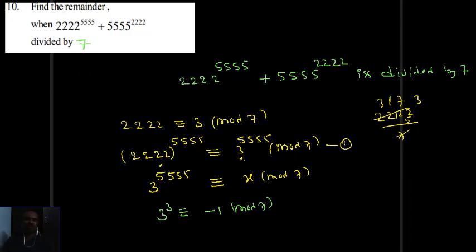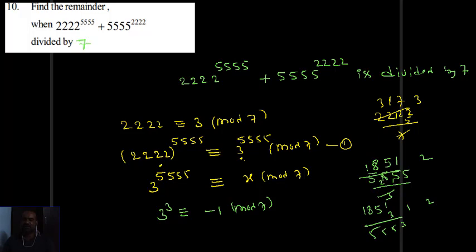Now I want to raise the power up to 5. So 5 divided by 3: 3 1s are 3, 2 remainder. 3 cube whole power 1 is congruent to minus 1 power 1 modulo 7.